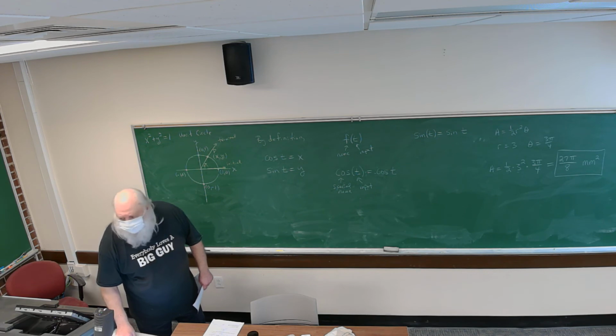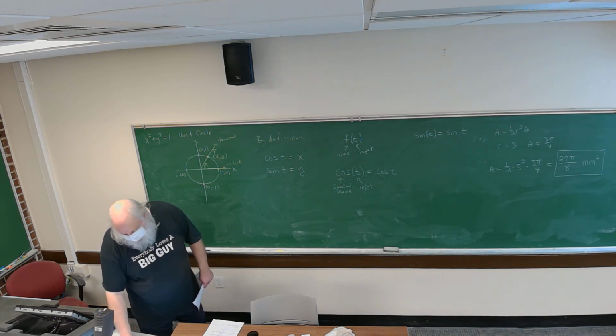Remember the Pythagorean theorem? So here we have a right triangle. That vertical line forms a right angle with the x-axis. The width of that right triangle is x, which is equal to cosine t, and the height of that right triangle is y, which is equal to sine t. And you know the Pythagorean theorem: x squared plus y squared equals 1.